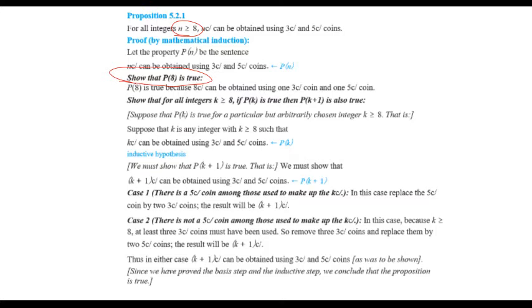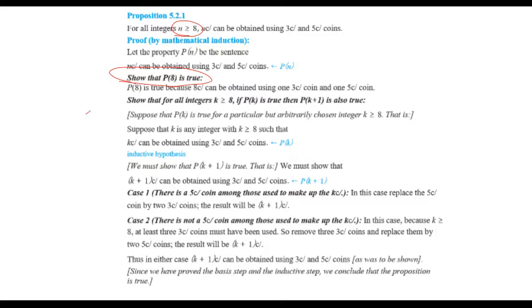So we need to show that 8 cents can be obtained using 3-cent and 5-cent coins, which is obviously true because 8 cents can be obtained using one 3-cent coin and one 5-cent coin. So there's no problem with the first step.